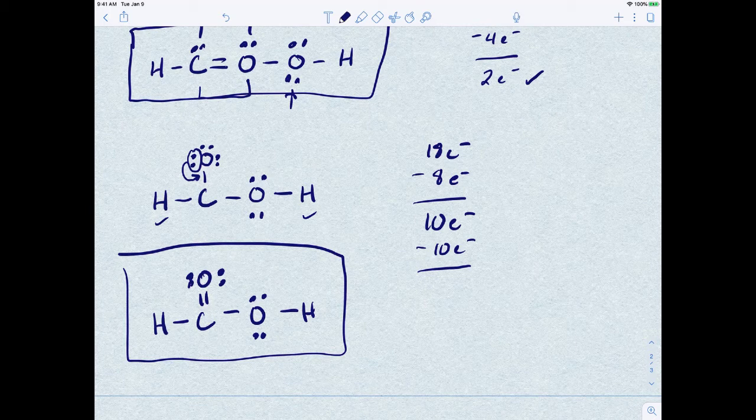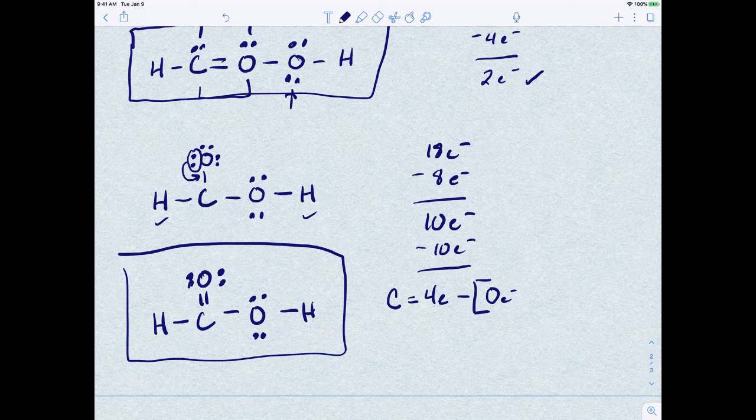So let's take a look at the carbon. Let's calculate the formal charge on that carbon. How many valence electrons are in a free atom? You got 4 electrons. How many non-bonding electrons do you have this time? 0. So that's a big difference already. And then we want half of the bonding electrons.